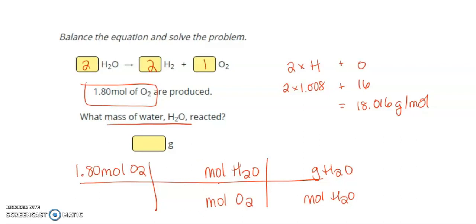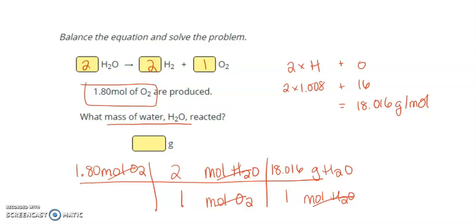Middle column, it's moles and moles. So we want to look at the balanced equation. 2 moles H2O make 1 mole O2. Now we look at the last column. 1 mole H2O has a mass of 18.016 grams. Notice this 1 does not have to be 2.